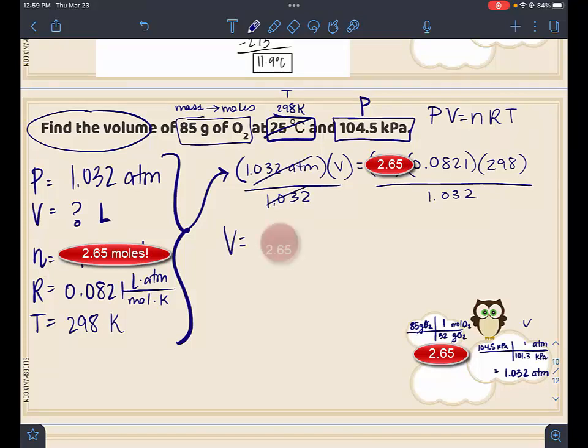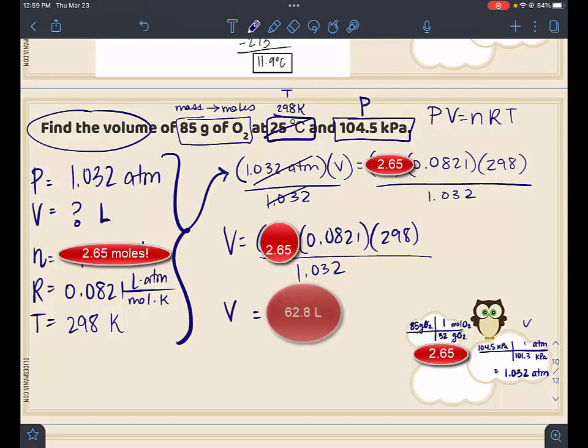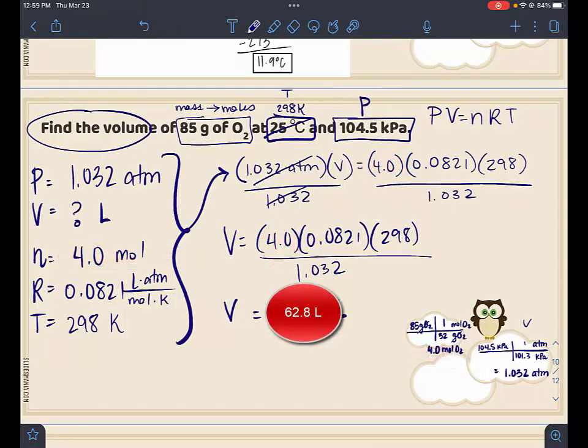V equals 4.0 times 0.0821 times 298 divided by 1.032. All right, pause, grab your calculator, let's solve it out. All right, our volume is 94.8 liters.